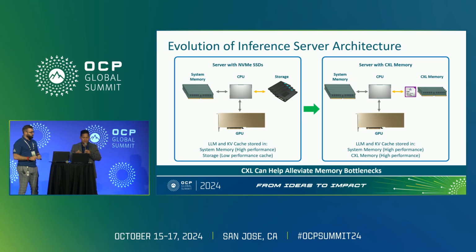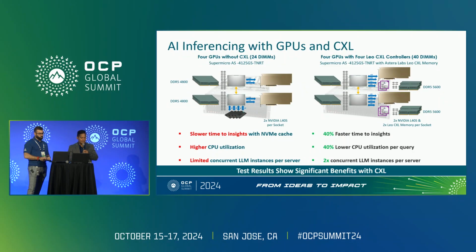On the right, we wanted to see what if we were to replace that cache with a much faster cache. That's cache line I/O versus a 4K read and write operation that you see with NVMe. So we did that test. We have a GPU server from Supermicro based on Genoa, or 4th gen EPYC processors.